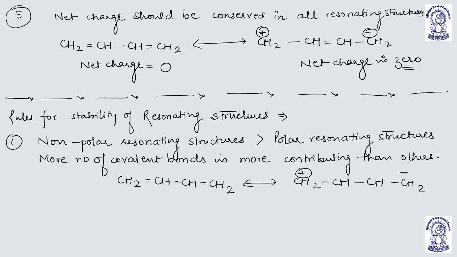Here you can see the conjugation is there. Here also the conjugation is there. But the conjugation is not involving the pi bond. They have released the charges when they converted the pi electrons into the respective charges. So this molecule is polar, this molecule is non-polar, having more pi bonds or more covalent bonds. That is why it is more stable.